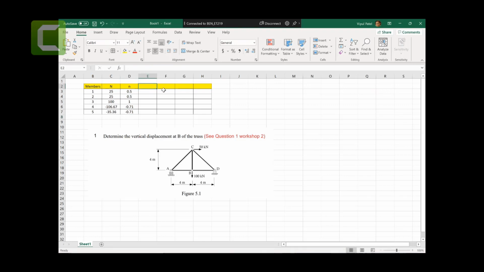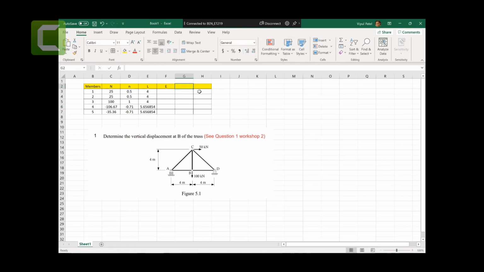Okay, that looks good. Then L: L1, L2, L3, 4, 4, 4. Is it better?